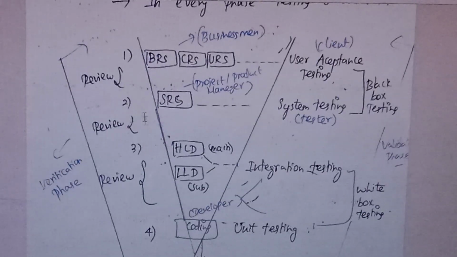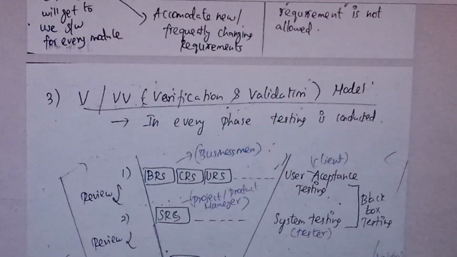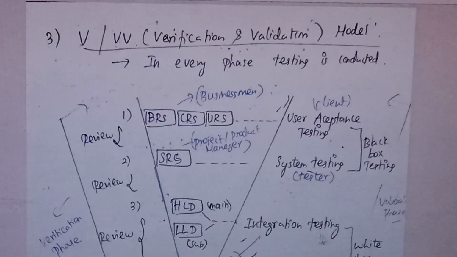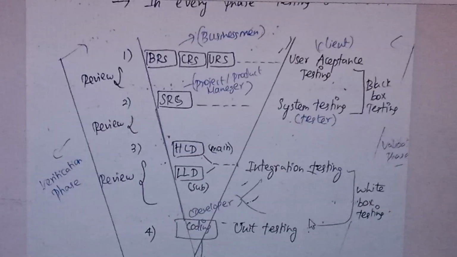Between all the stages, a review is conducted, which means testing is conducted in every phase. After this, we enter the validation phase. We have 4 types of testing: unit testing, integration testing, system testing and user acceptance testing.